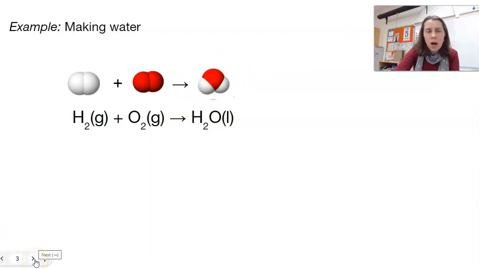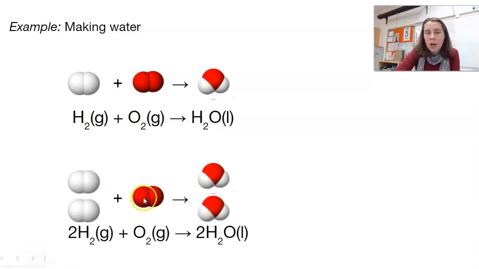The problem with this equation is our 2 hydrogens both end up over here. That's great. But we have 2 oxygen atoms here, and we only have 1 over here. So one of them just disappeared. That doesn't work. That violates the law of conservation of mass, so we need to fix that. The balanced version of this equation would be to have 2 hydrogens for each of the oxygens in our O2 and make 2 water molecules.